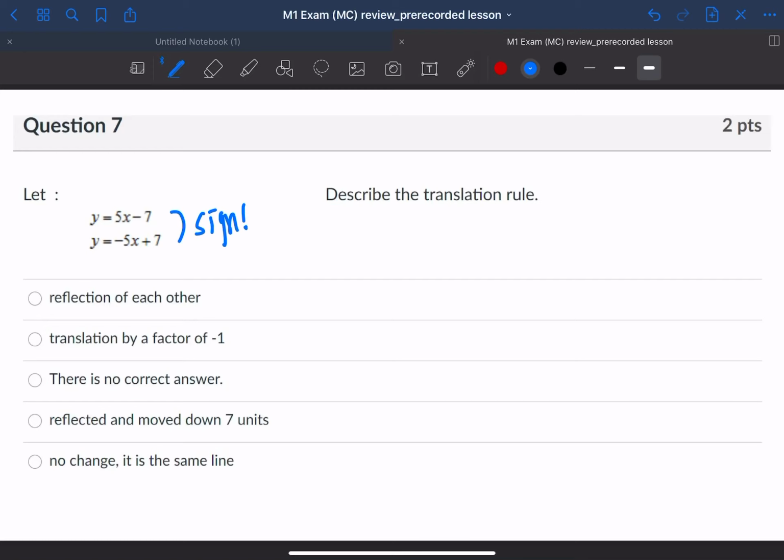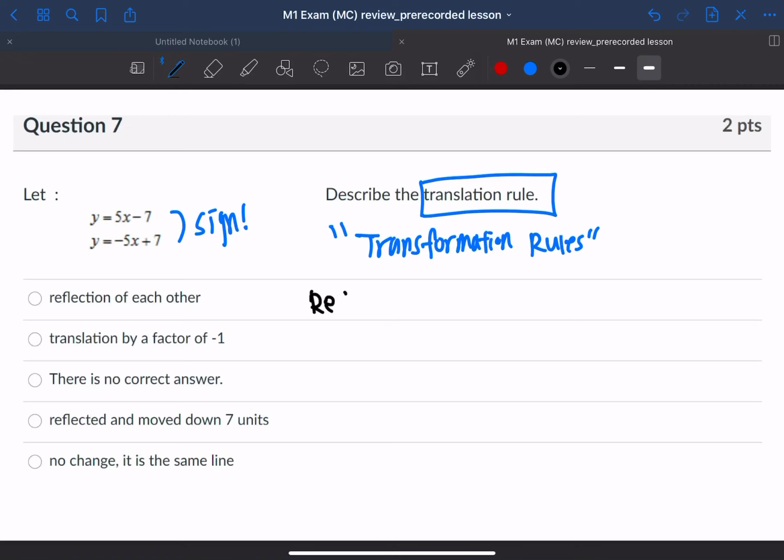If you remember the transformation rules, make sure you have good notes on the transformation rules, the table that I gave you. Whenever you reflect something, your function becomes negative.